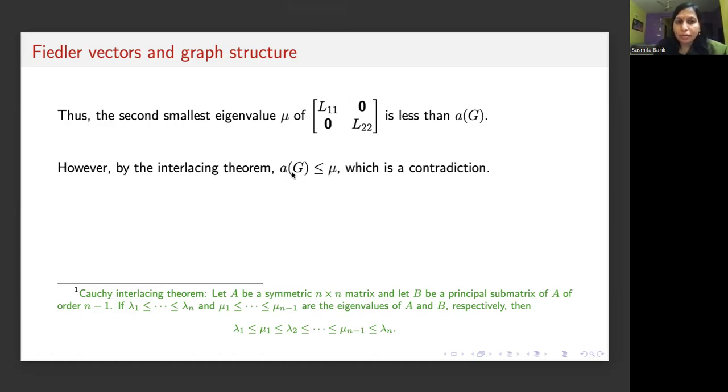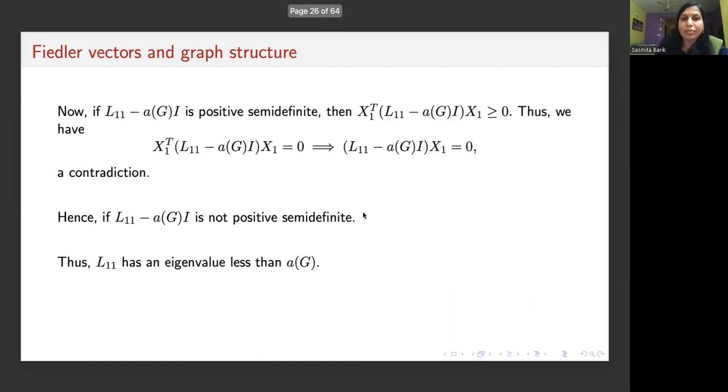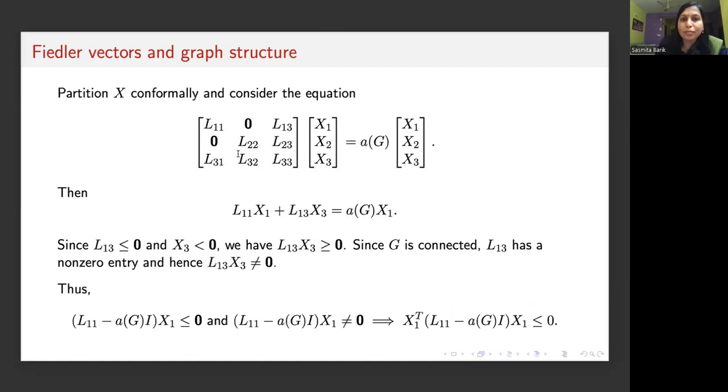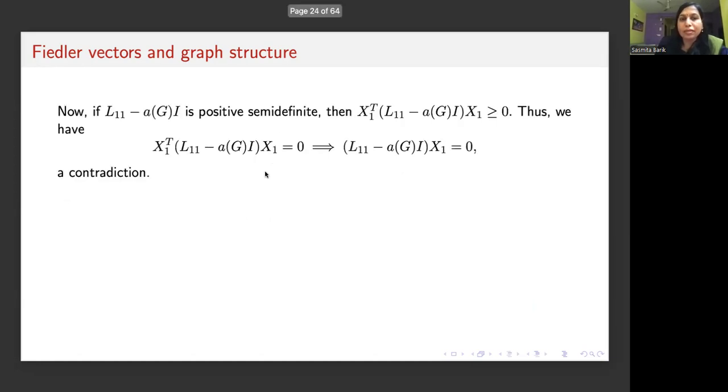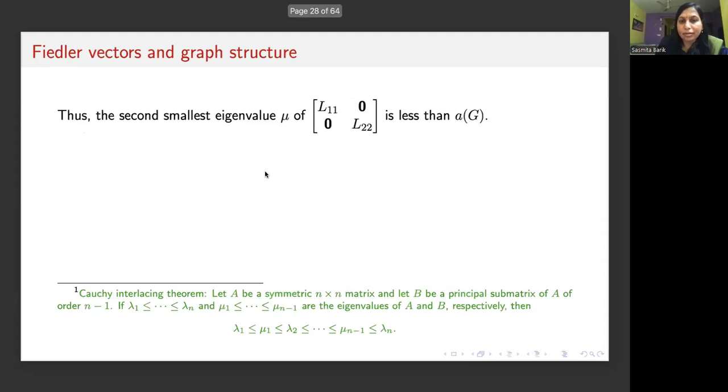Now, if I apply the interlacing theorem, this is a principal submatrix of your original Laplacian matrix, which you had written in this form. Rajesh sir has already told you that if you take a principal submatrix of a symmetric matrix, then the eigenvalues will interlace.